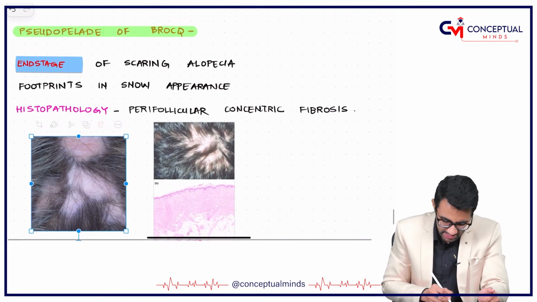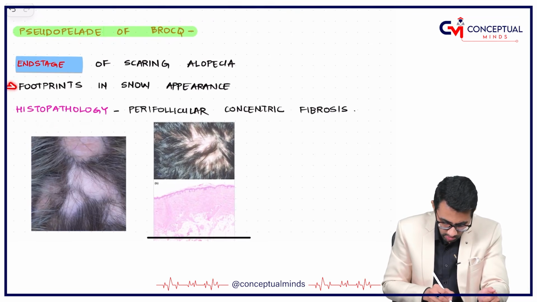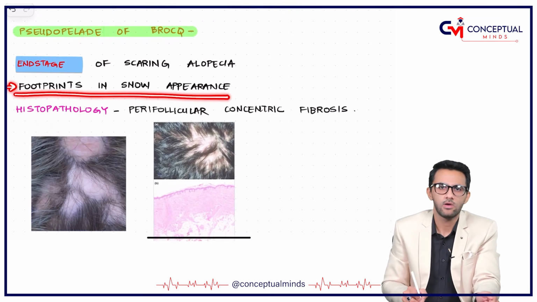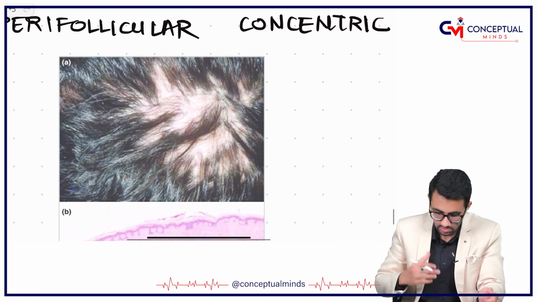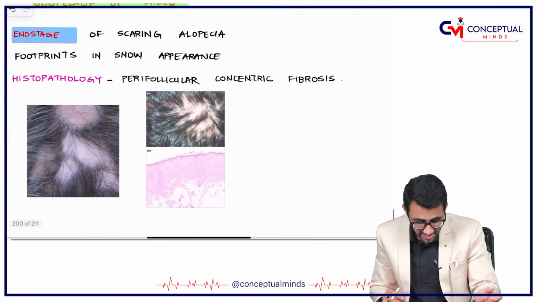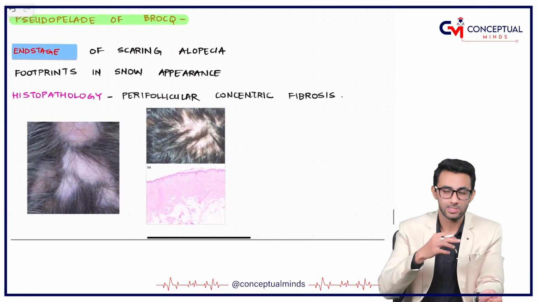Over here we can see this topic is important because of this one word, that is footprints in snow appearance. Okay, these are the footprints, you see. Definitely get the snow appearance, right?